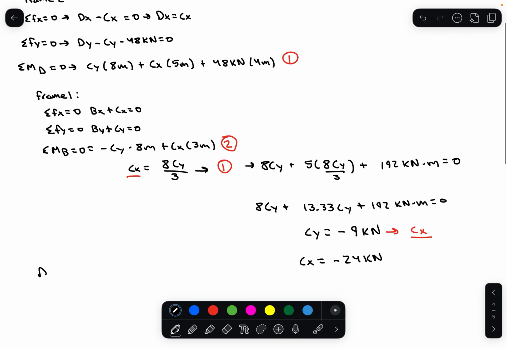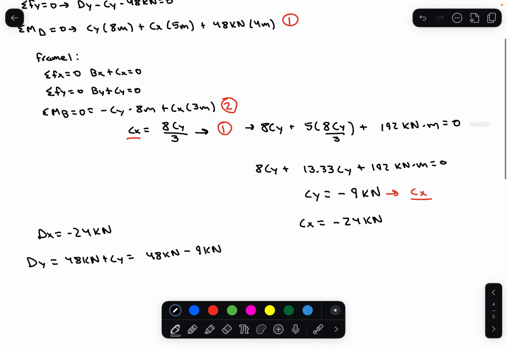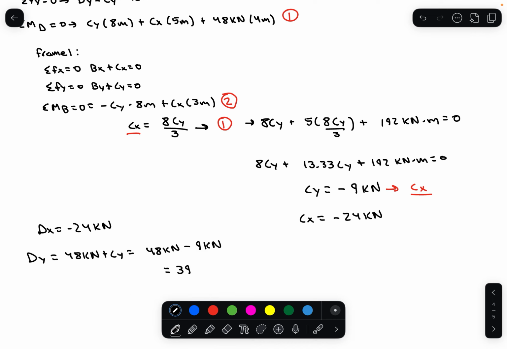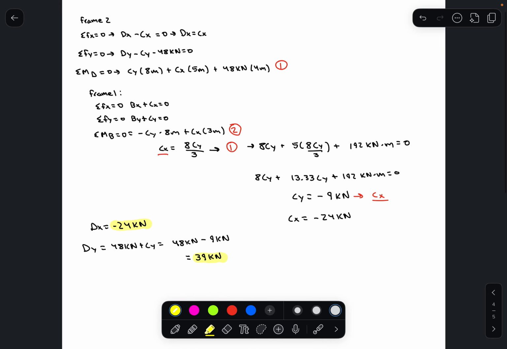So Dx is simply negative 24 kilonewtons, and then Dy is equal to 48 kilonewtons plus Cy, is equal to 48 kilonewtons plus a negative 9. So this is going to be minus 9 kilonewtons. And that is simply equal to 39 kilonewtons.